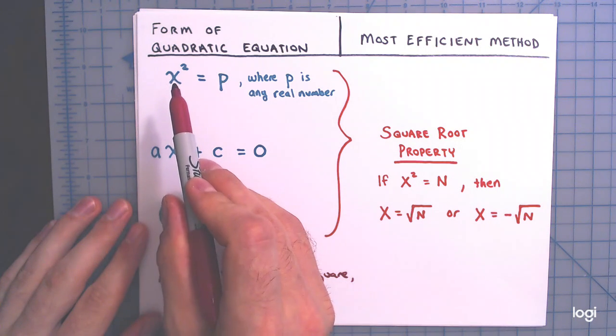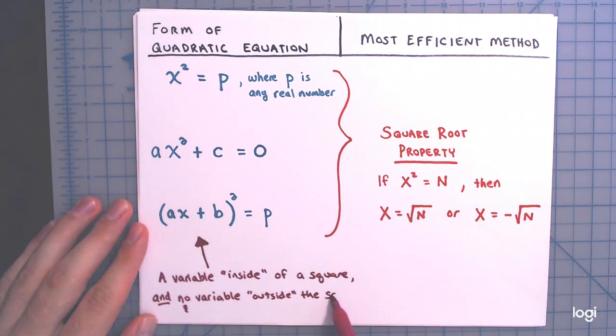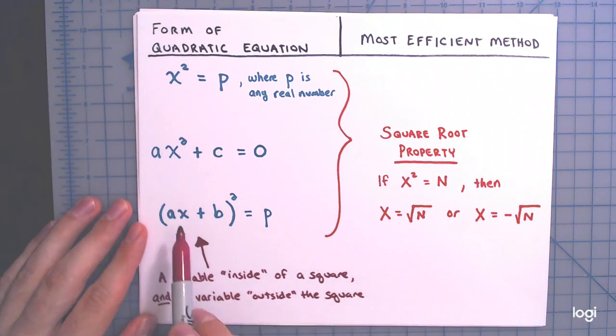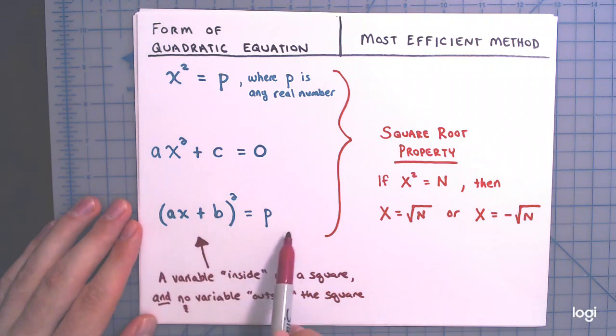Here the variable is in the base of this square. In each one of these, there's a variable inside of a square and no variable outside the square.